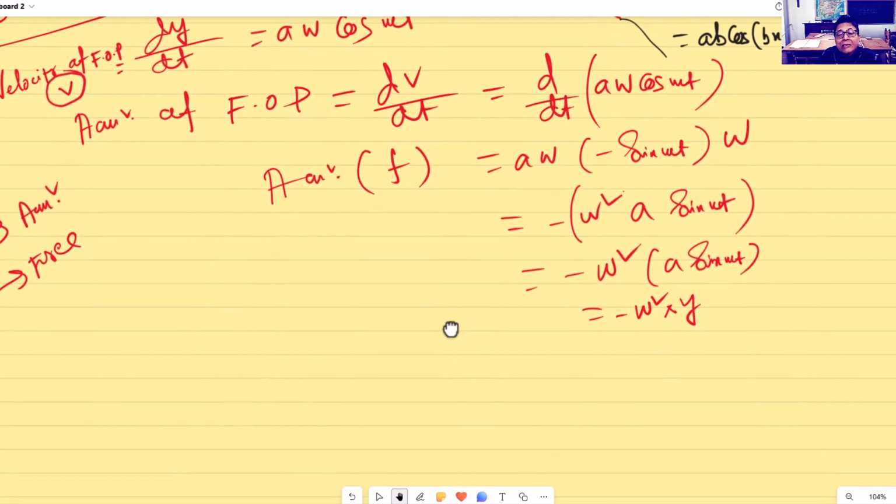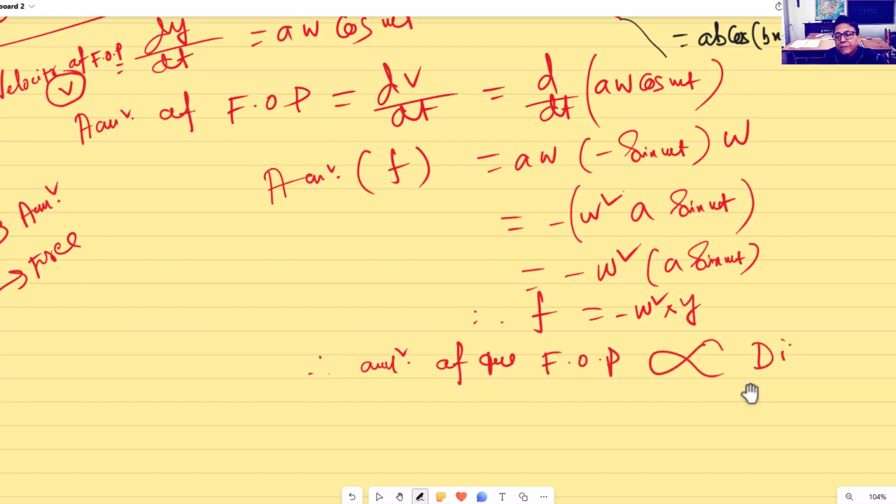But y stands for what? Displacement of foot of perpendicular. Y is displacement of foot of perpendicular. Therefore, acceleration of the foot of perpendicular is proportional to displacement.